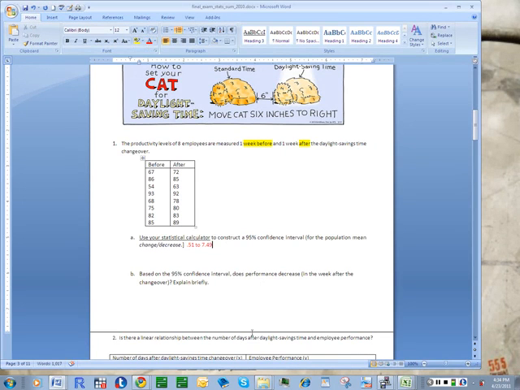And part B says, does performance decrease? Now, keep in mind here, I did this really as to increase from before to after.